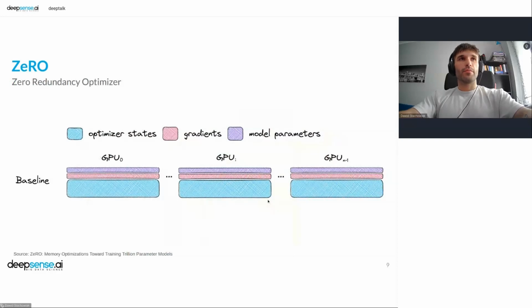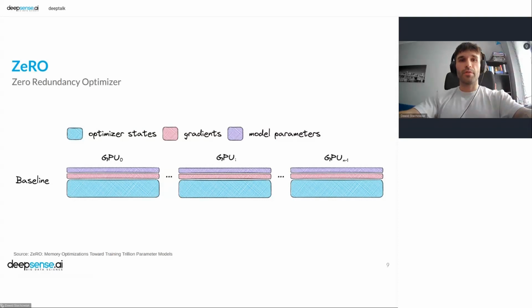ZeRO is a shortcut for zero redundancy optimizer, and it was introduced in 2020. It actually allows us to perform training on multiple GPUs in a pretty easy way.